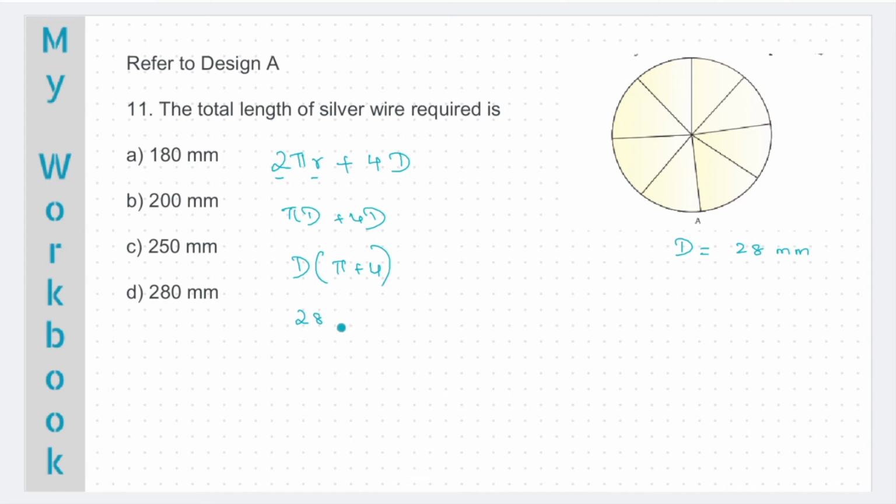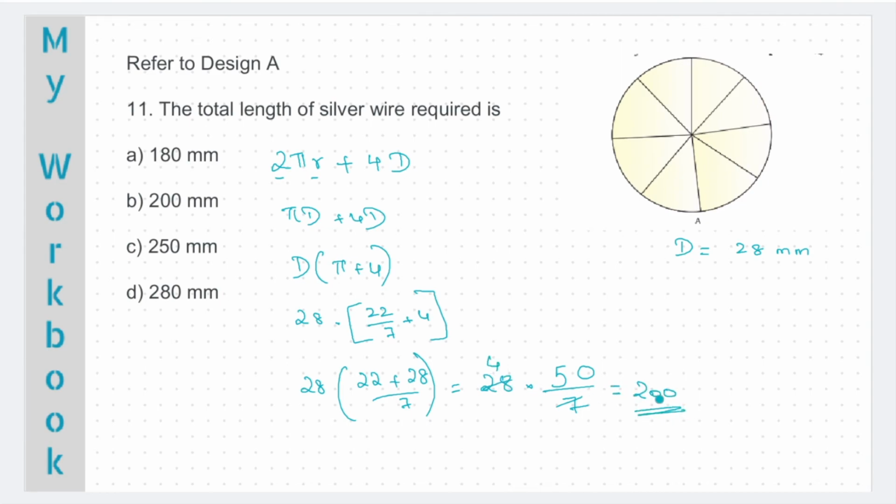So 28 into 22 by 7 plus 4, 28 into 22 plus 28 by 7, which is 28 into 22 plus 28 will give us 50 by 7. 7 fours are 28, so it will be 200 mm. So option B, 200 millimeter is the correct answer.